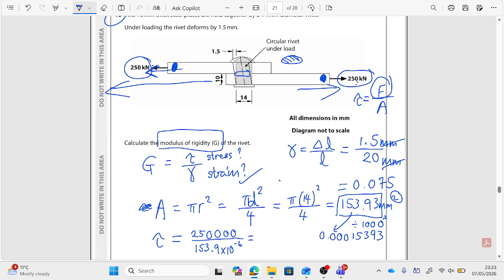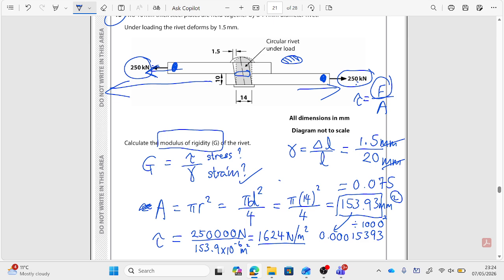That would equal 162,411,487 Newton per meter squared. That's the unit for tau. Why do I know that? Because that's newtons, that's meters squared, so it's Newton per meter squared.